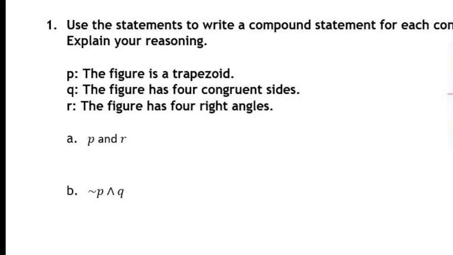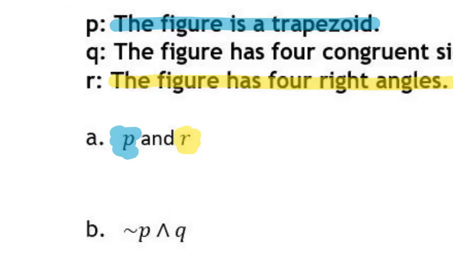So for part A, I want statement P. That's this statement right here. The figure is a trapezoid. And I want statement R, this statement down here. The figure has 4 right angles. And we're going to put that together with the word and.